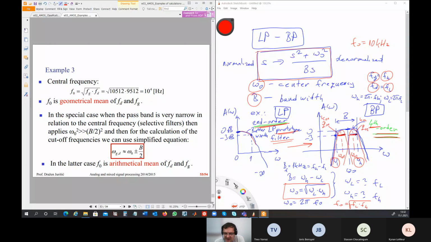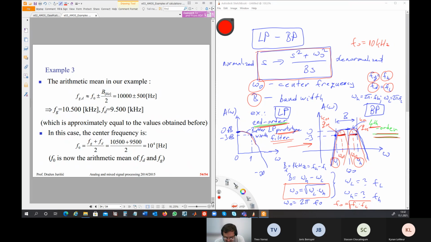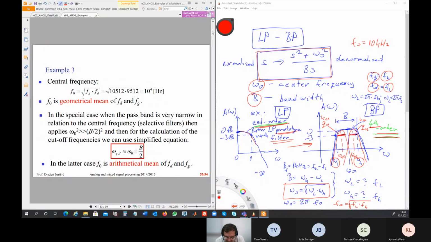Only in a special case can it also be the arithmetical mean, but it's not such a big deal, because if you have nice values, then you will have the arithmetic mean also. So you have to round. 10,512 can be 10,500 and 9,500.